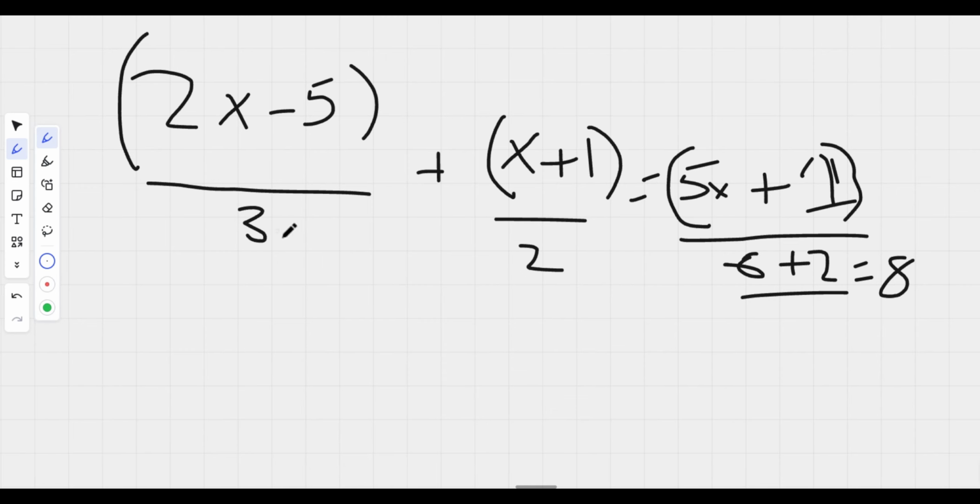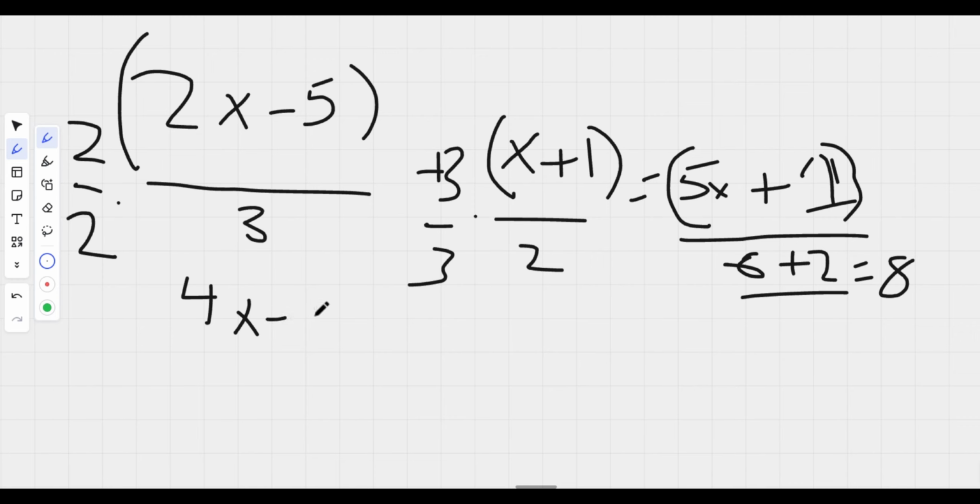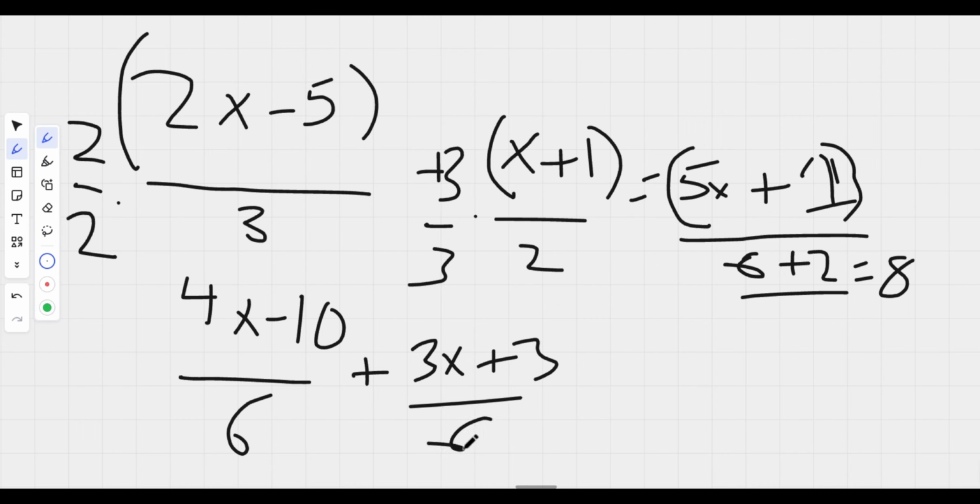So we know that these can both have the same factor of 2. So we've multiplied this by 3 over 3 and this by 2 over 2. And we just do this like any normal equation, giving us 4x minus 10 over 6 plus 3x plus 3 over 6 is equal to 5x plus 1 over 8.